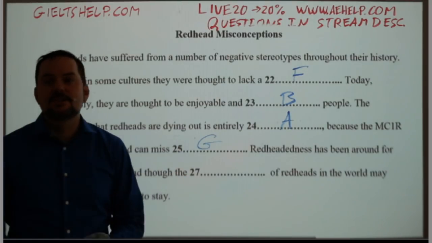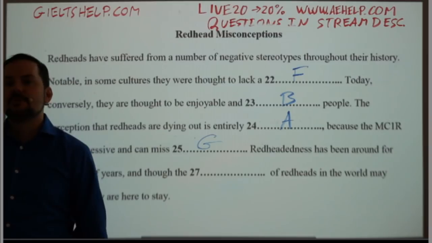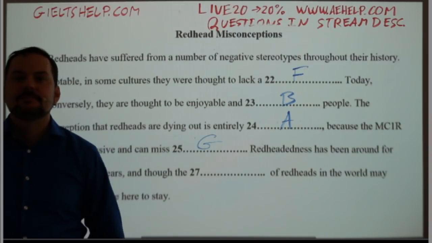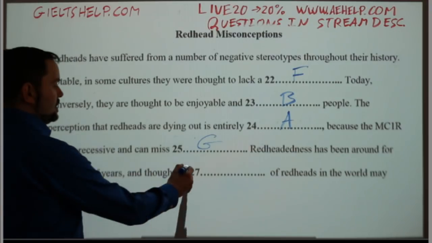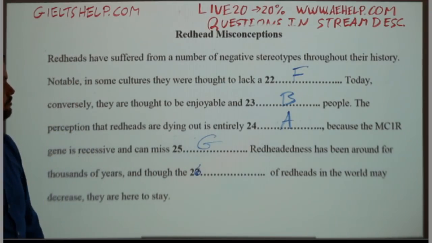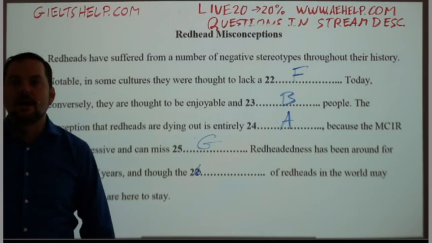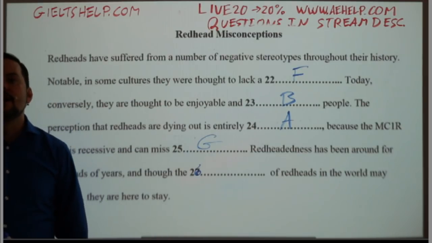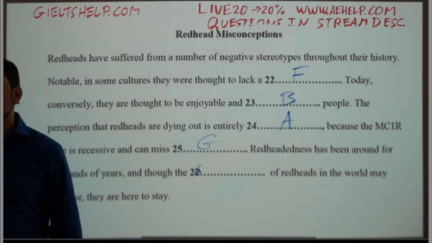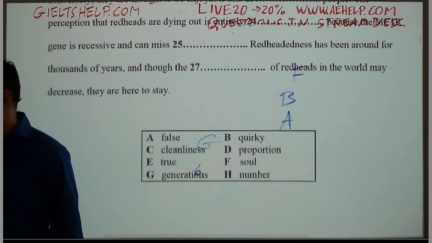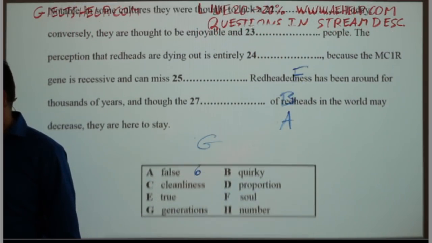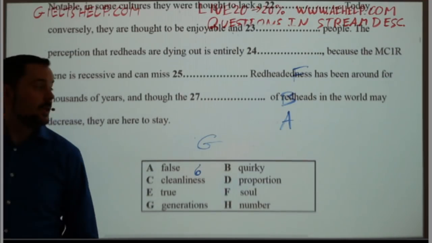So 27 is going to be simple, easy. This should be 26. The number should be 26. What is the answer? That's right. So, number H.